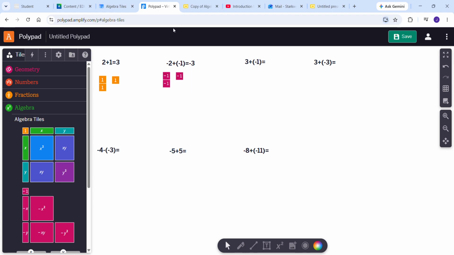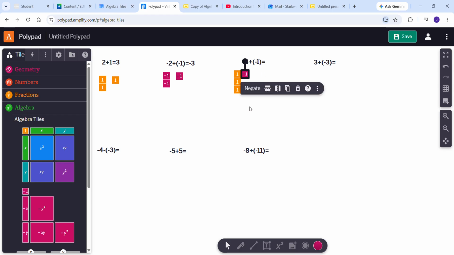Now, for 3 plus a -1, again, I'm going to bring in my blocks. This represents positive 3. And then we want to add a -1 block, or a negative 1 tile. So we go like that.